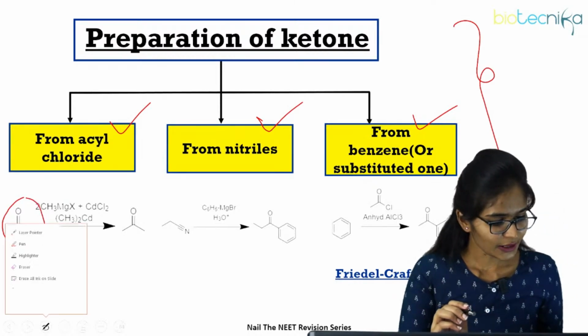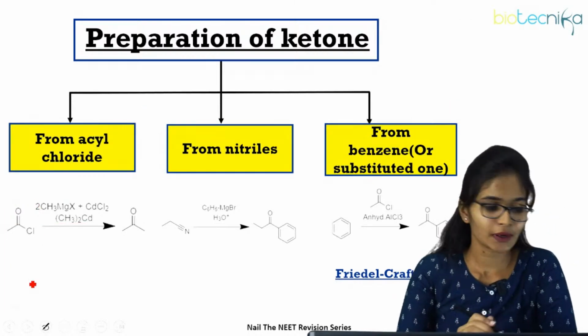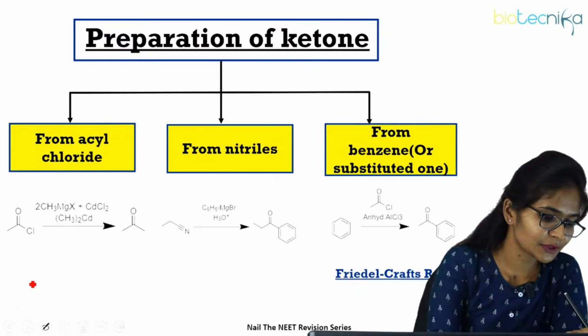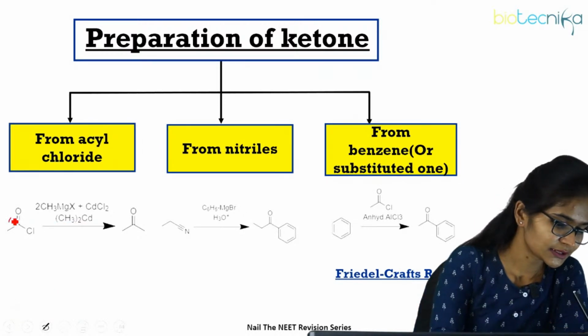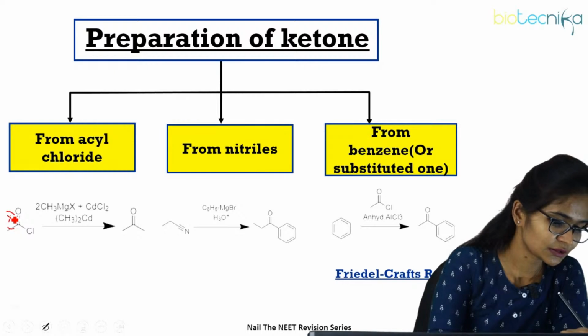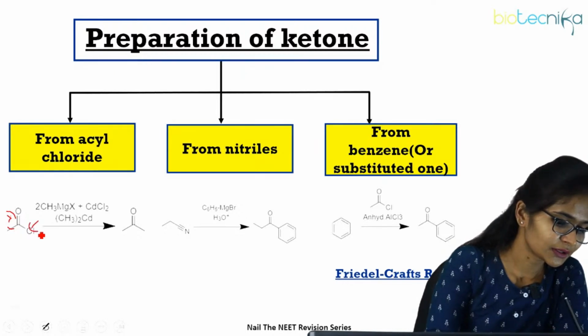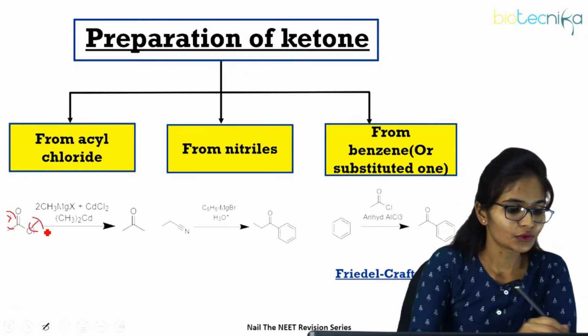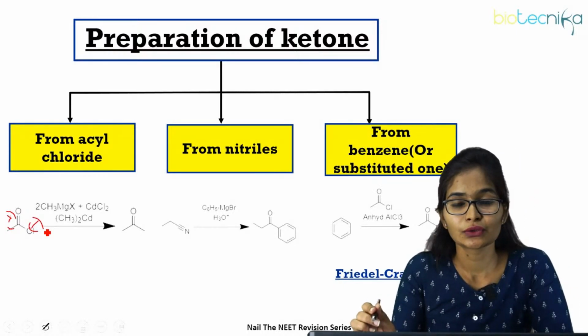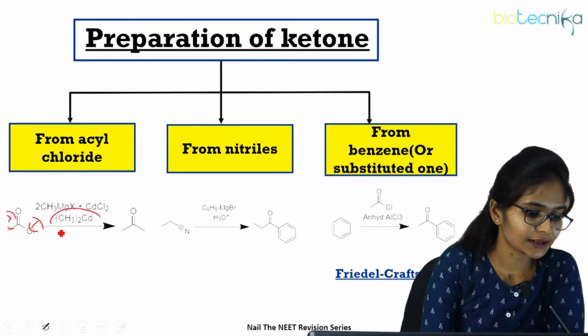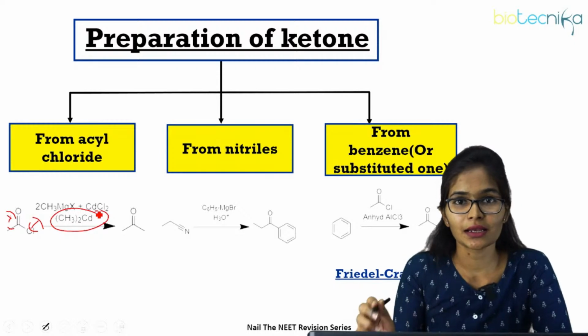How can you split the acyl chloride? The carbonyl carbon will be electron deficient, so I will put a positive charge here, and Cl will be negatively charged. Here is the Grignard reagent, and upon treatment with CdCl2 you are going to get the alkyl cadmium, that is dialkyl cadmium.